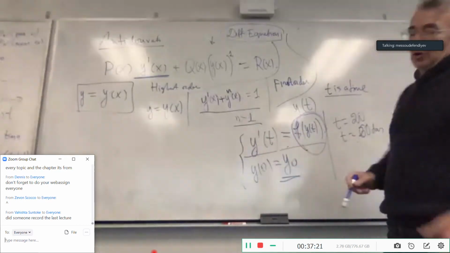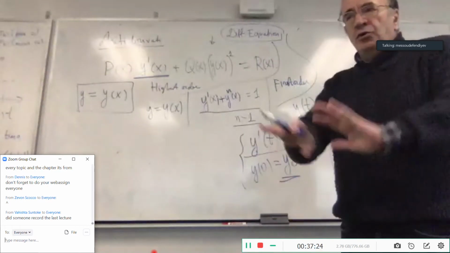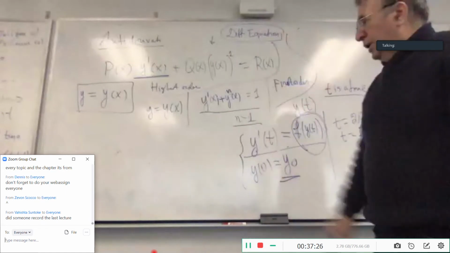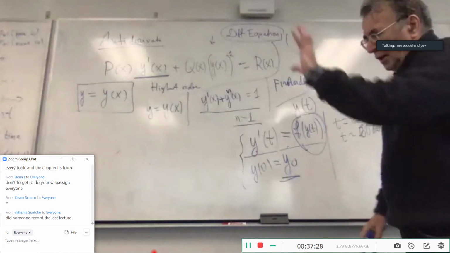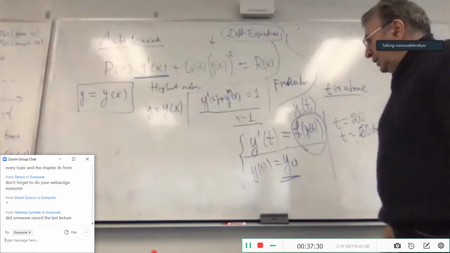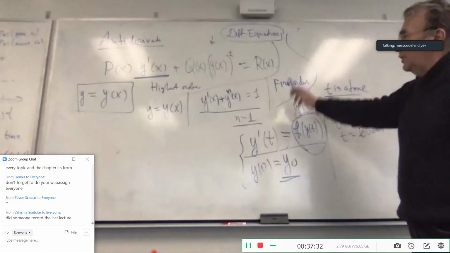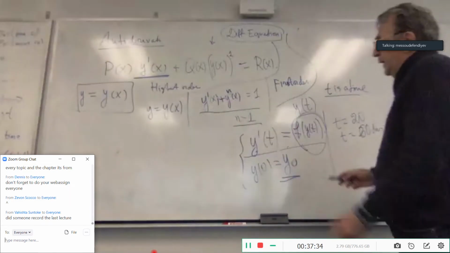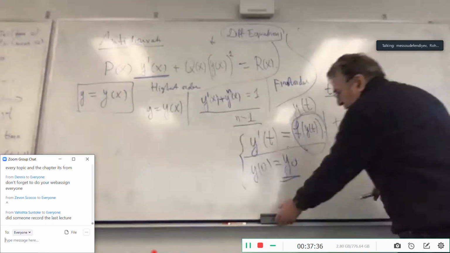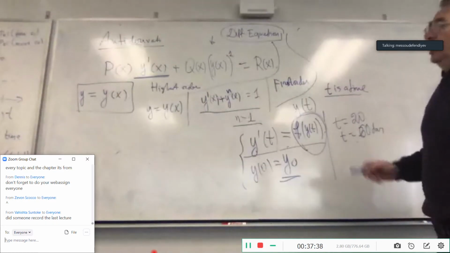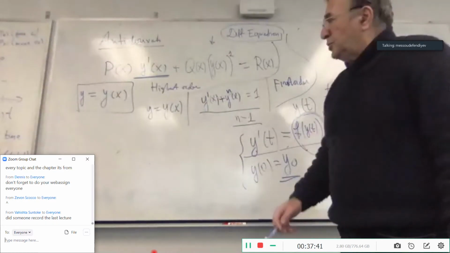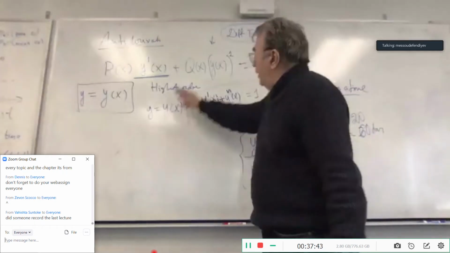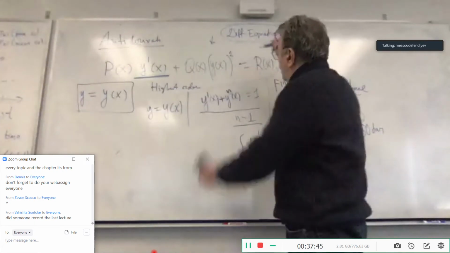It could be a partial differential equation, but you should forget about it, because maybe you will learn it in 2 or 3 years. Anyway, this is a differential equation, and not always is this differential equation solvable. Not always can you find the solution.